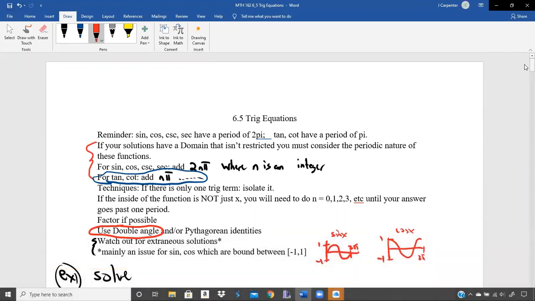Those are all possible. But in this course, homework and tests, it's just the double angle identities that might come up. So cosine squared minus sine squared is cosine of 2x, or 2 sine x cosine x is sine of 2x. I almost said that wrong. 2 sine cosine is sine of 2x.